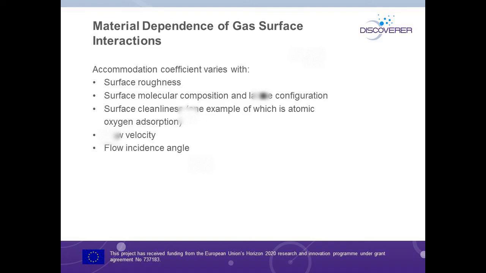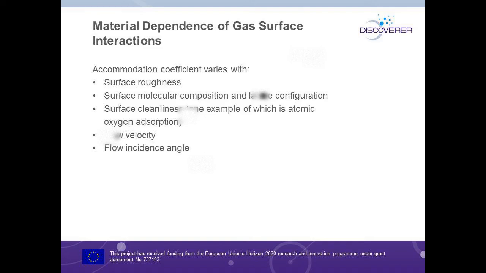We're fairly well aware that generally there are material dependencies on gas surface interactions. We know that surface roughness has an effect, which is why we're looking, in the first instance, at 2D materials.